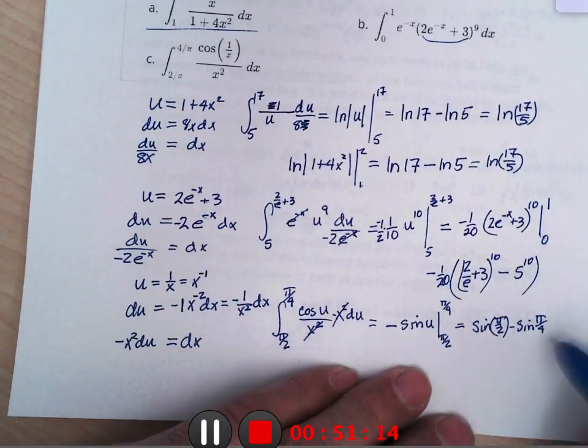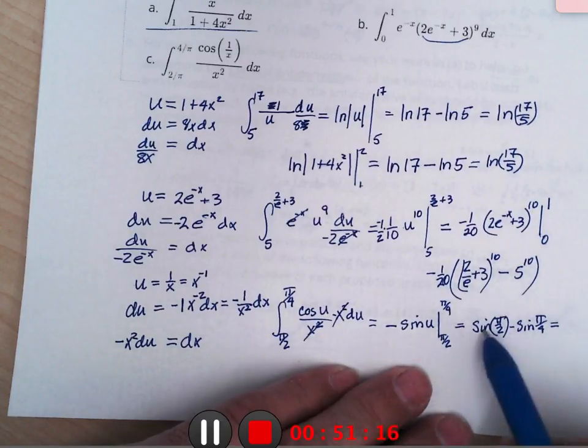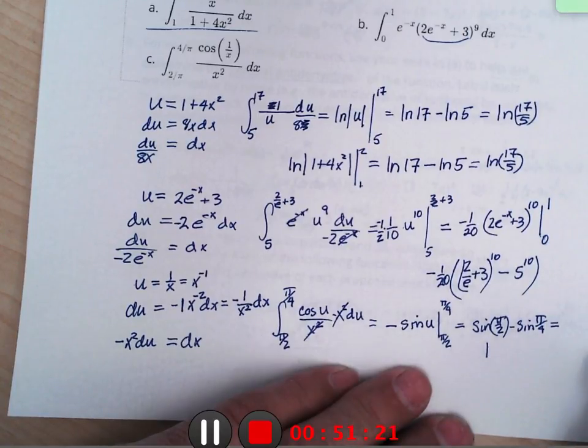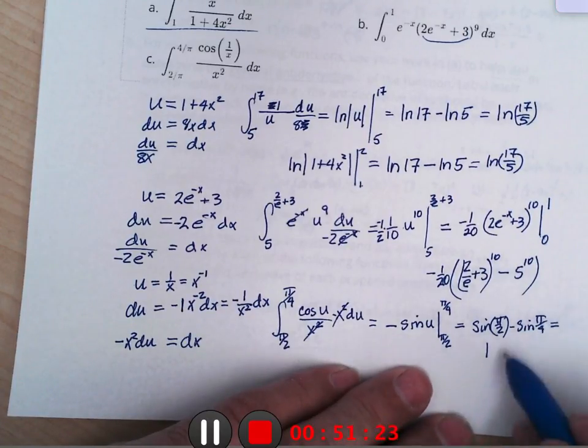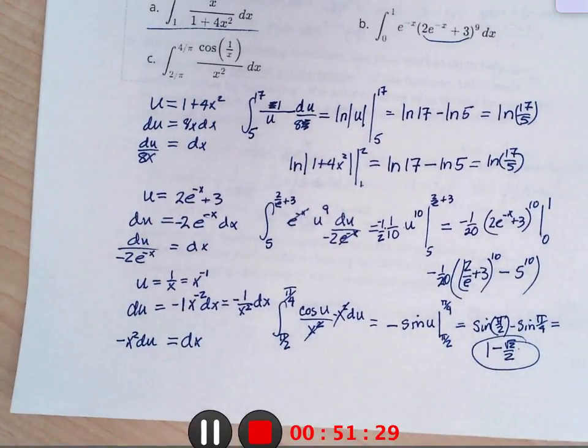And if we remember our trig, the sine of pi over 2 is 1, and the sine of pi over 4 is square root of 2 over 2, and I'll leave it there as the exact answer.